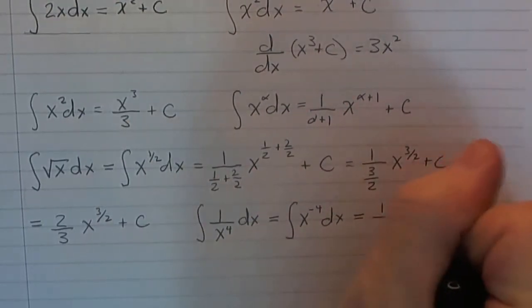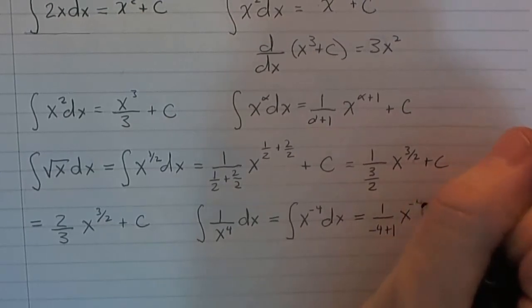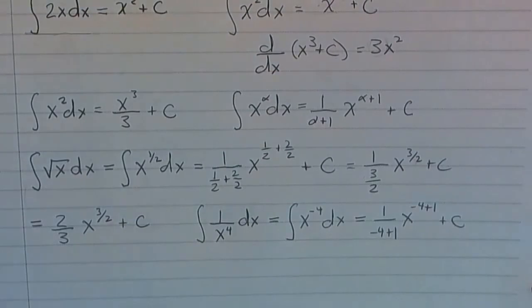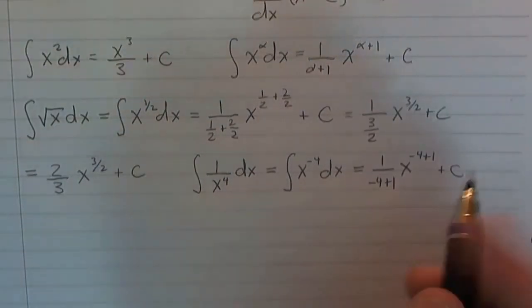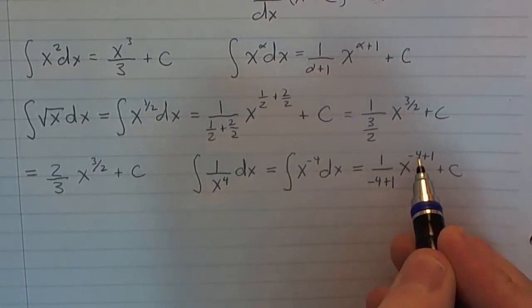And now let's see what I have. I have 1 over -4 plus 1, x to the -4 plus 1 plus c. Now you have to be careful because this is not going to be -5. You're diminishing, right? You're adding 1 to this negative.